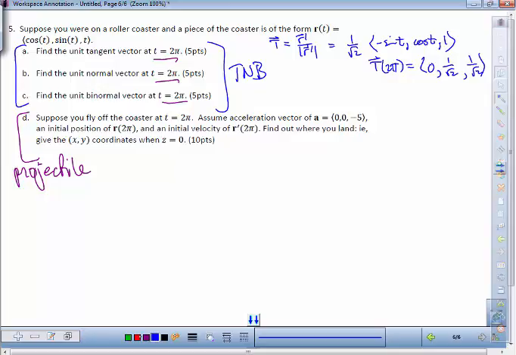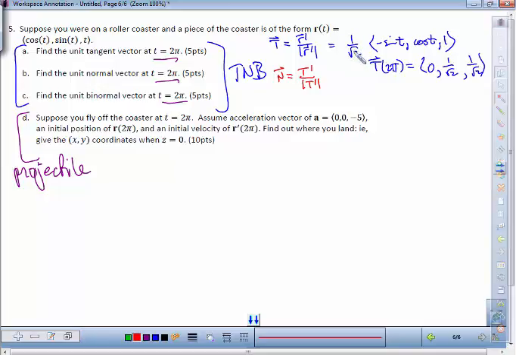The second one is the normal vector, which happens to be the derivative of the unit tangent divided by its magnitude. So this is the unit tangent. And fortunately, this 1 over root 2 is constant.